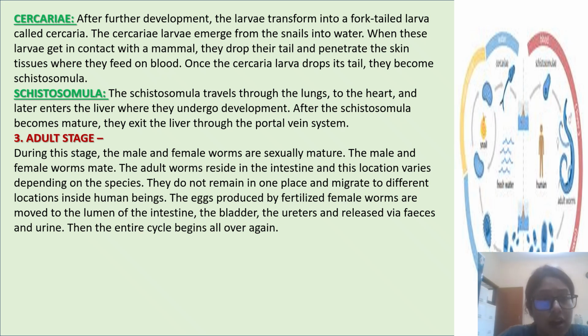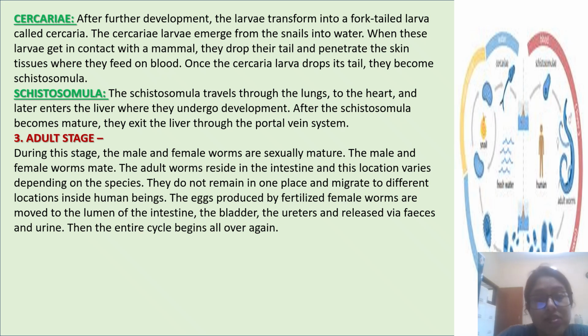Next, schistosomula. The schistosomula travels through the lungs to the heart and later enters the liver where they undergo development. After the schistosomula becomes mature, they exit the liver through the portal vein system. Adult stage. During this stage, the male and female worms are sexually mature. The male and female worms mate.